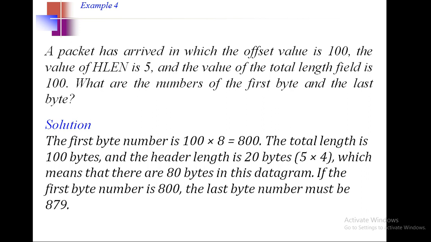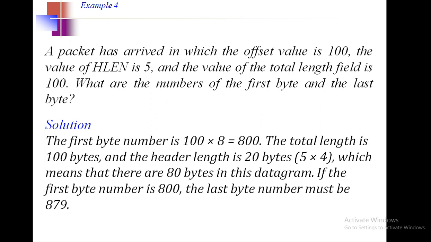A packet has arrived in which the offset is 100, the value of the header length is 5, and the value of the total length field is 100. What are the numbers of the first and last byte? So let us see. First step, the packet has arrived with the offset value 100, so multiply by 8. The first byte number is 800, that is 100 into 8.